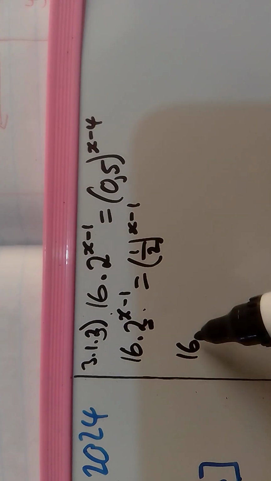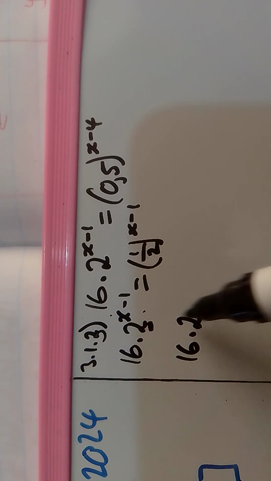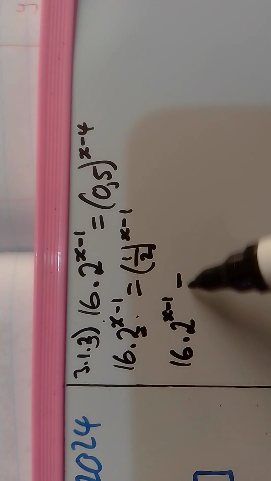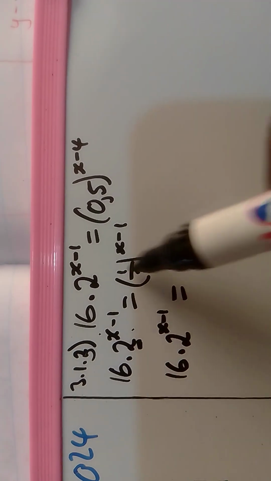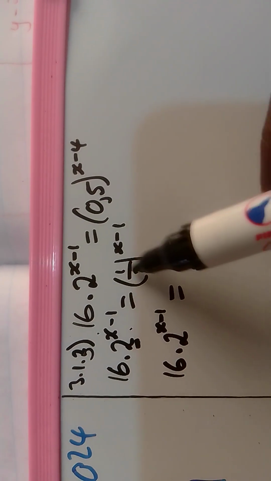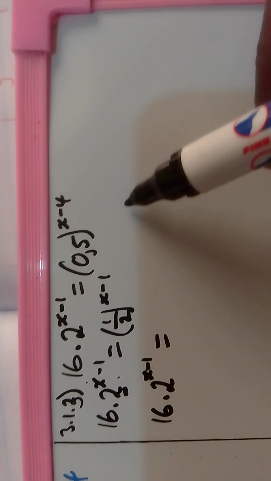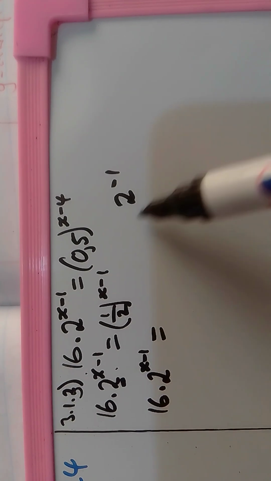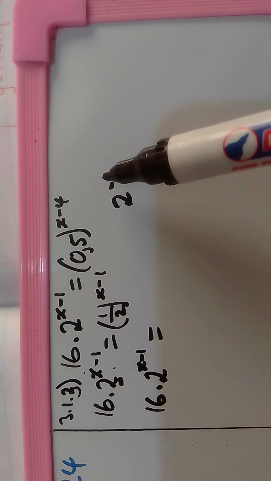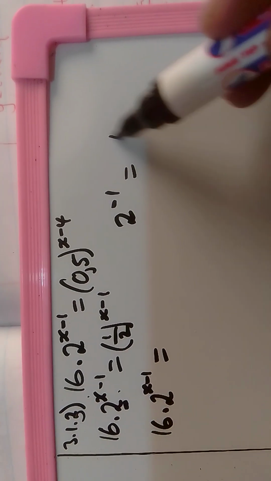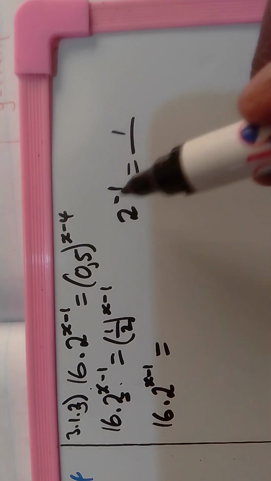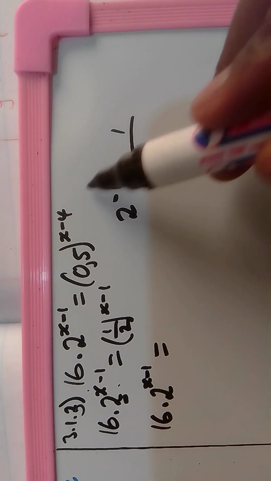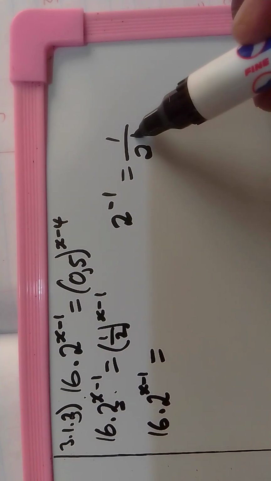Let's see. Now I say 16 multiplied by 2 to the power x minus 1. And now this 1 over 2, remember, for it to become 1 over 2, what happened? I was having a 2 to the power negative 1, but because I'm not allowed to have this in my final answer, I write 1 on the numerator, and then to turn this negative exponent to a positive, I say 2 to the power 1 here.